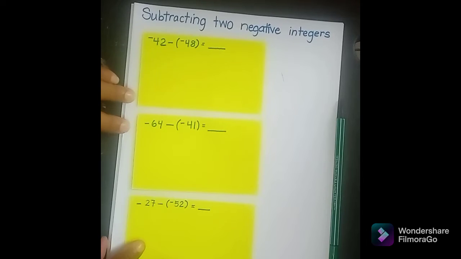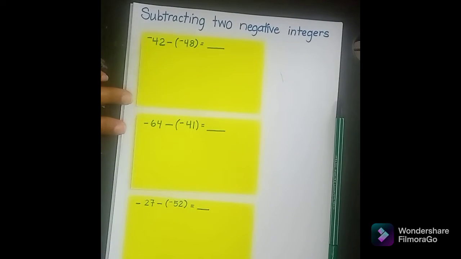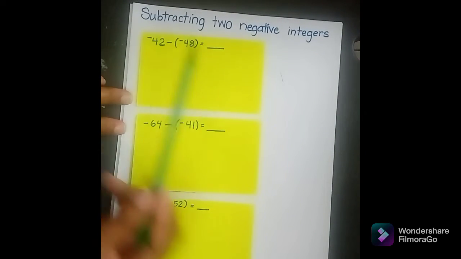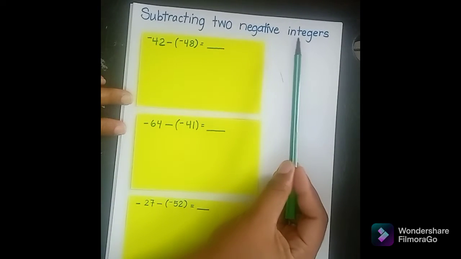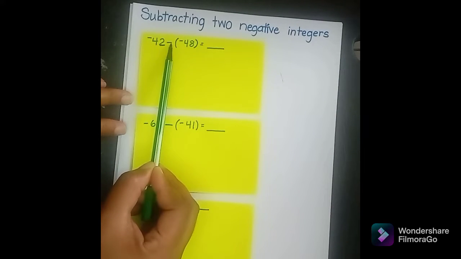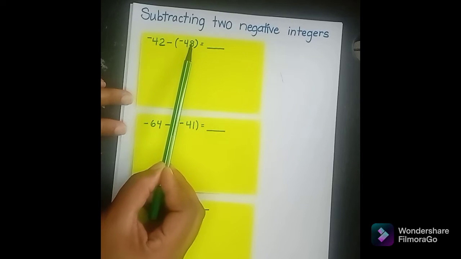Okay, so what we're going to be doing now, we're going to be subtracting two negative integers. This says negative 42 minus negative 48.